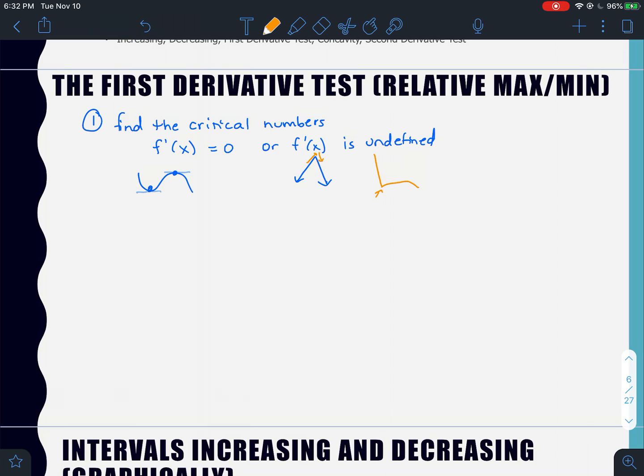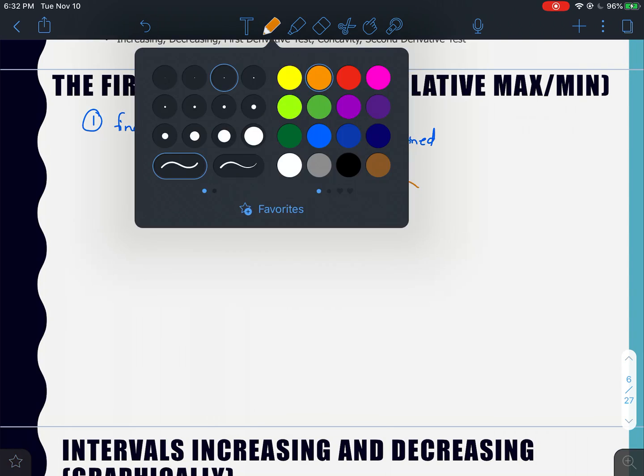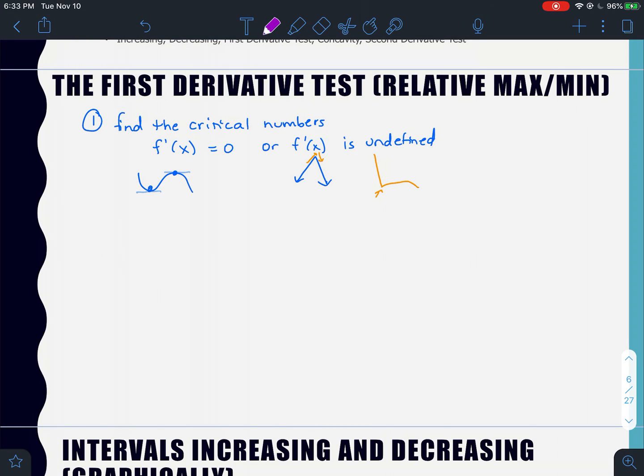Or at a cusp, where a line meets a curve, it could have a relative minimum or a relative maximum as well, and the derivative would be undefined at a cusp. So your first step to find the relative extrema of a function is to find the critical numbers. You want to find where the derivative is equal to 0 or where the derivative is undefined.